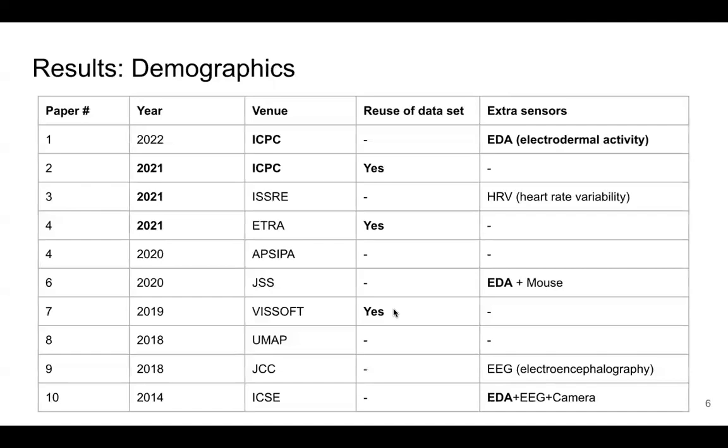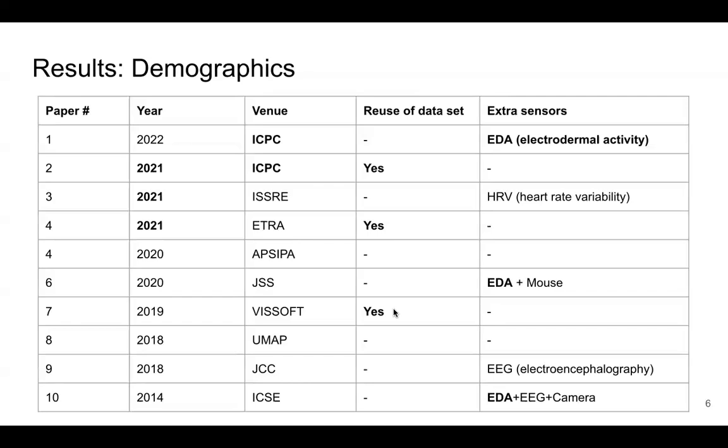So what results have we found? In terms of demographics, we can see most of the papers are quite recently published. There's a growing trend in 2021. In terms of publication venue, ICPC, the International Conference on Program Comprehension, is more present at 2, as opposed to 1 for other venues.